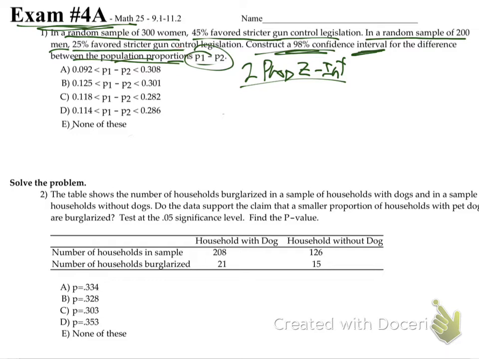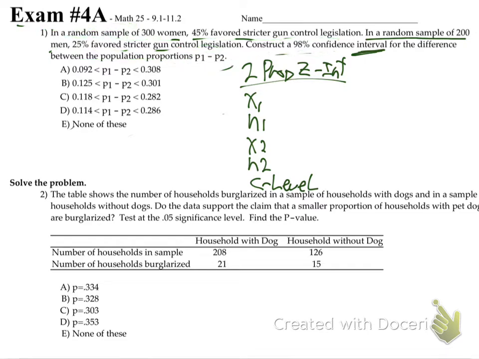So if you get the 2 prop Z interval up, it's way down real low on the list, you'll find x1 in 1, x2 in 2, and then the C level at the bottom. So how do we do that? Well, you know that the n's are always the total number of observations, right?